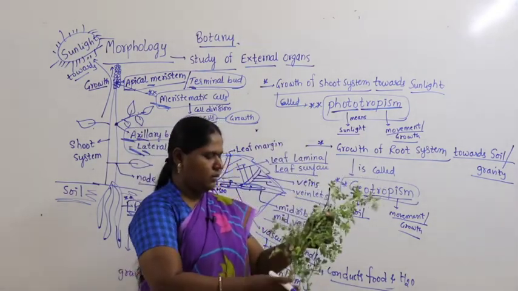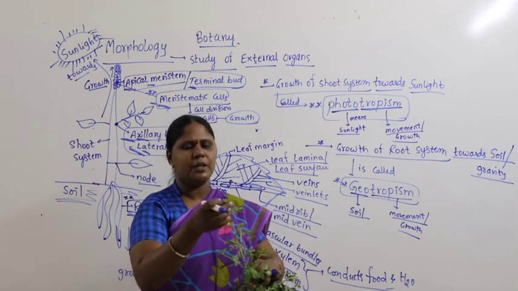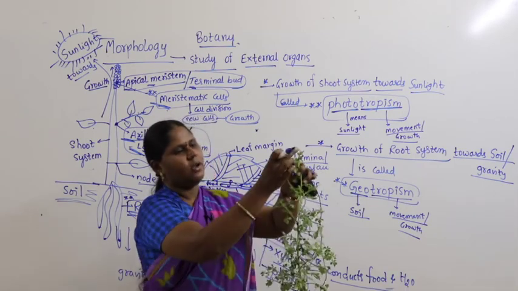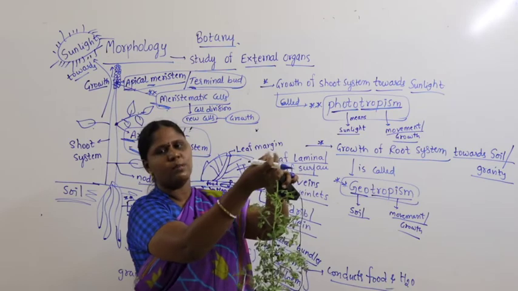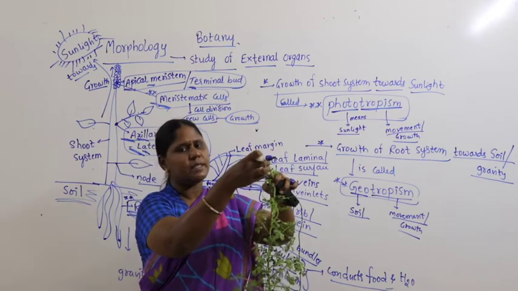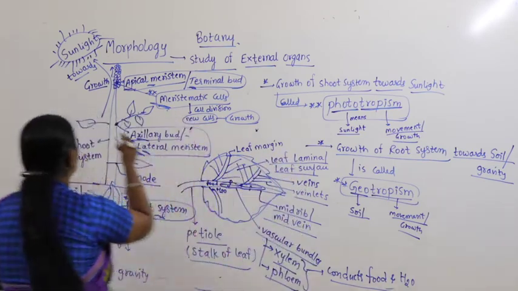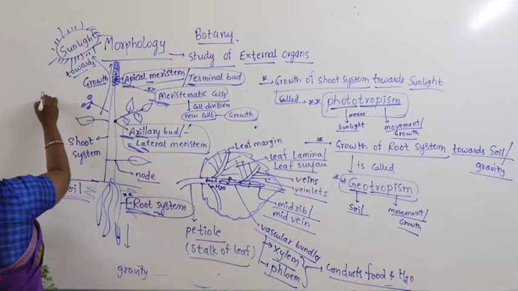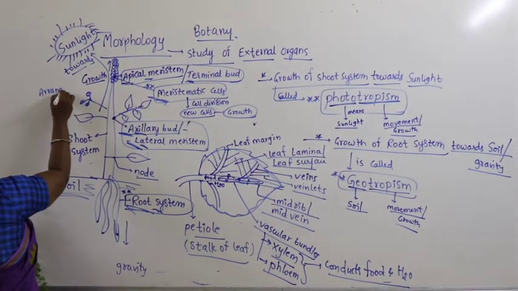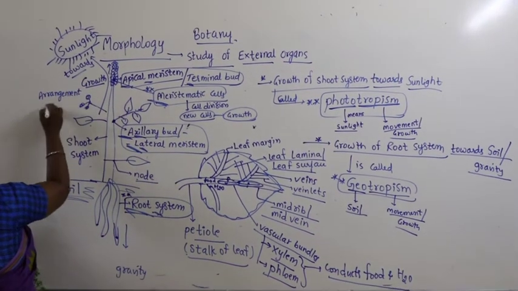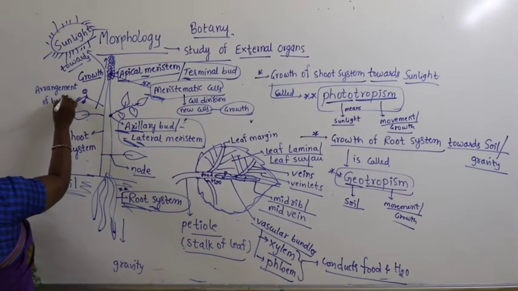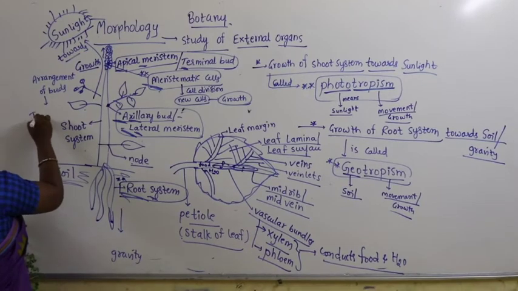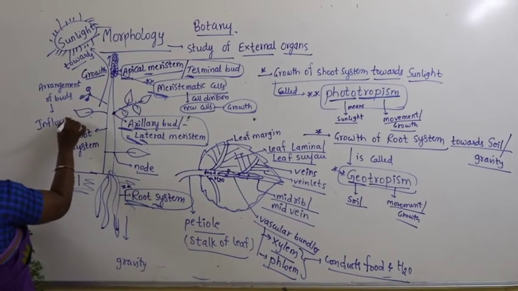Now, if you look here, at the tip you can find small buds. What did we discuss in the last class? Arrangement of buds. The arrangement of buds is called inflorescence.